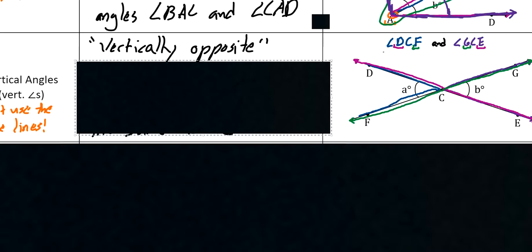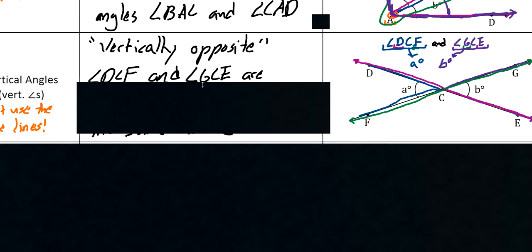Angle DCF measures A degrees. A is a variable. We don't know the degrees, so that's why we use a variable. Angle GCE is B degrees. Again, we don't know what B is. It's a variable. That's what we use when we don't know what the number is.